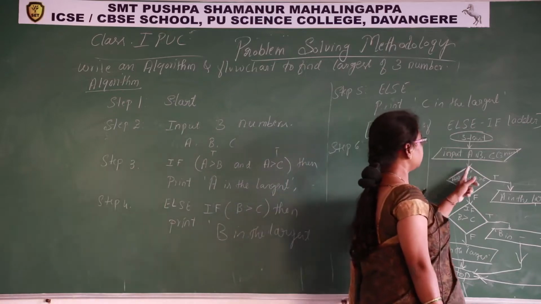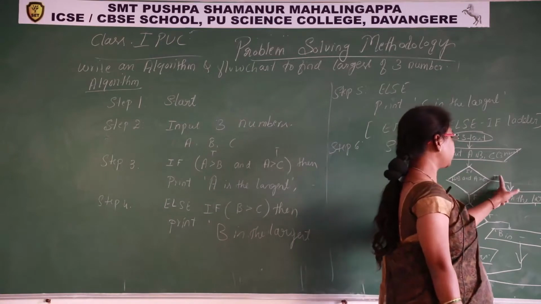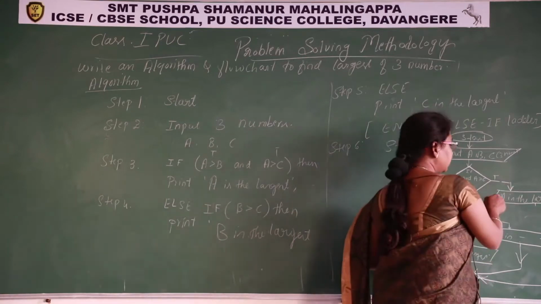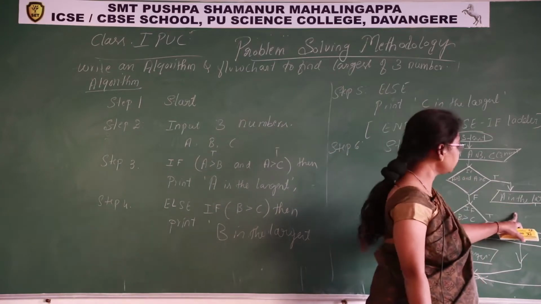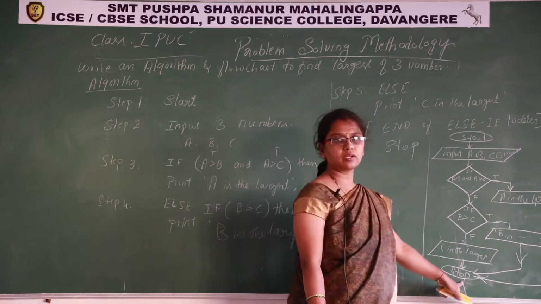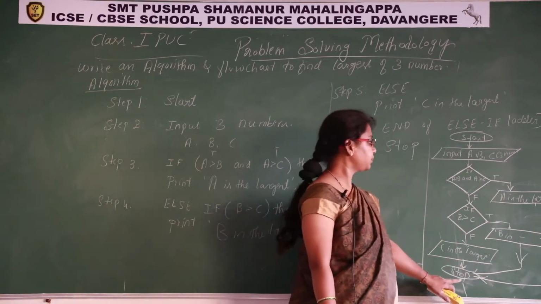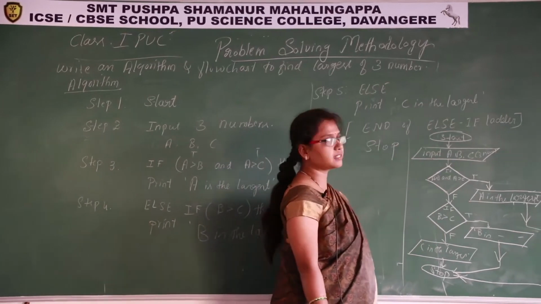If A greater than B, if this condition is true, then in the true direction it has to display this message. After displaying this, where is the arrow mark? Here. Then it goes to stop, which means it terminates the program. If it is not satisfied, then it goes in the false direction.